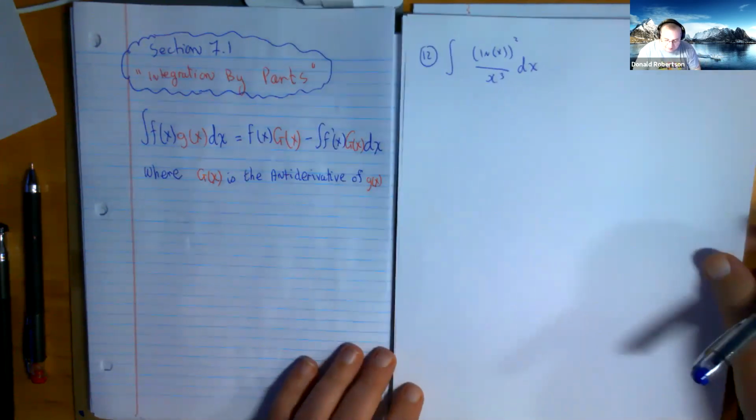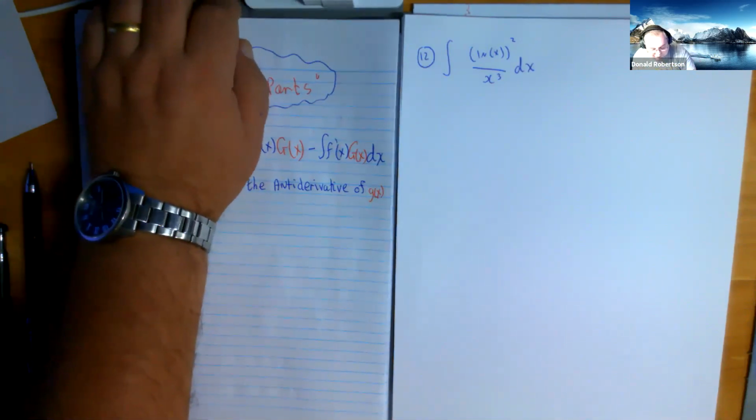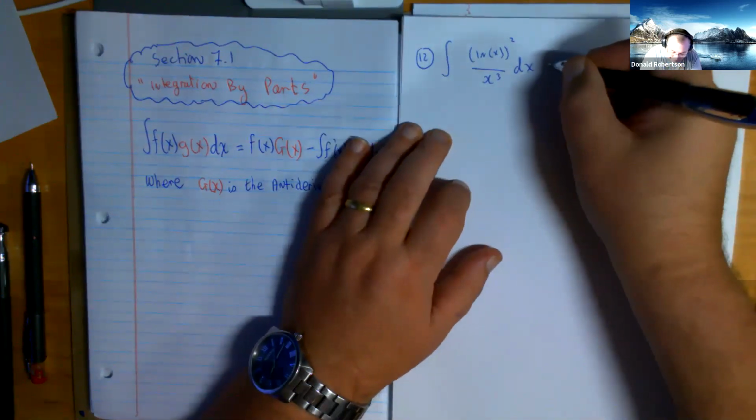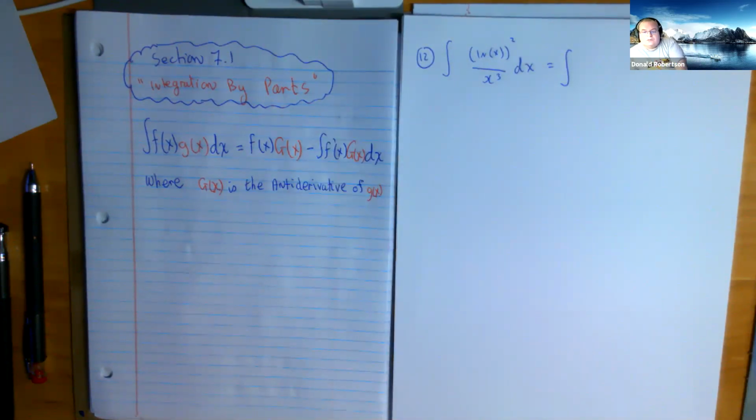Right. The reason I chose this next one is that before we start worrying about F and G, I think it's very helpful to think about a different way of writing this. This, for all intents and purposes, is a fraction, which it is.